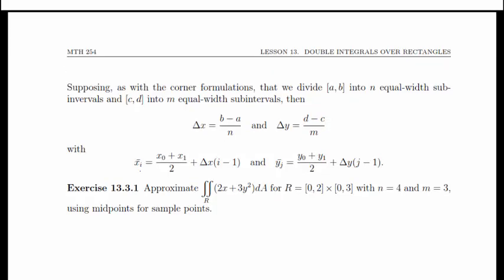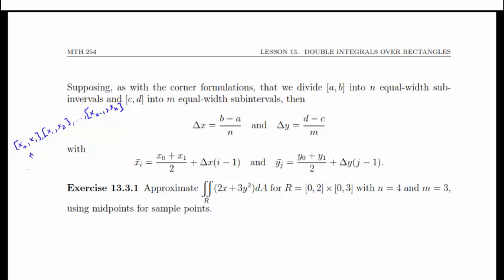So x sub i bar is going to equal x naught plus x sub 1 over 2 plus delta x times i minus 1. So this gives us, let's say we've got x naught to x1, then we've got x1 to x2, and we keep going all the way to x sub n minus 1, comma x sub n.